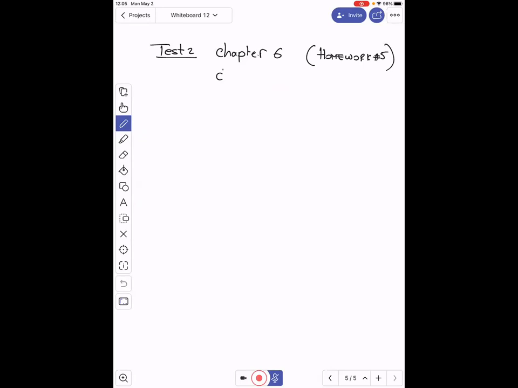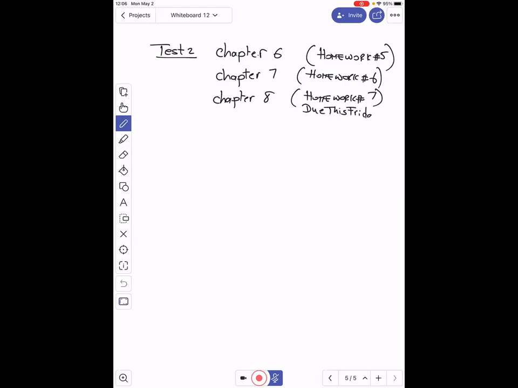There is chapter 7, which was covered before the spring break. That would be homework number 6. And then there's chapter 8, and that would be homework number 7, which is due this Friday.